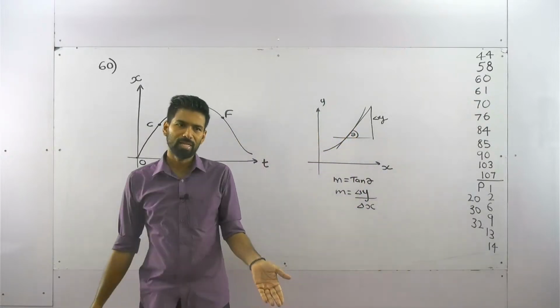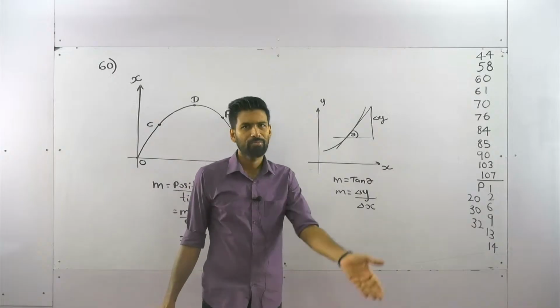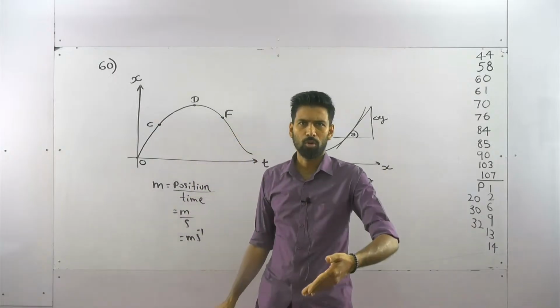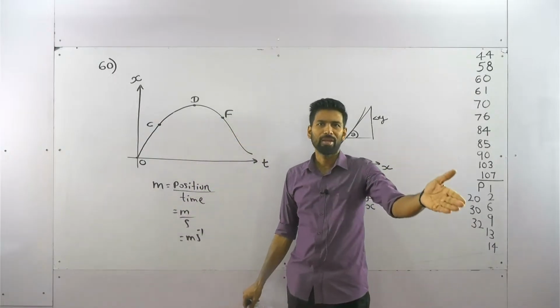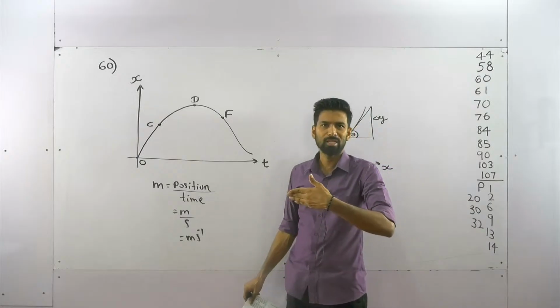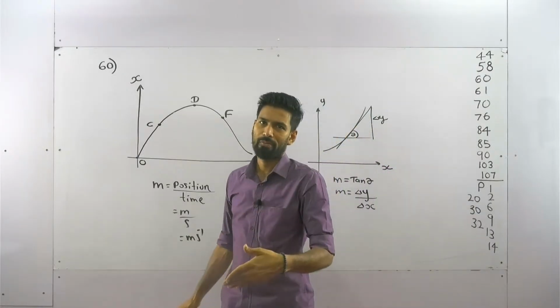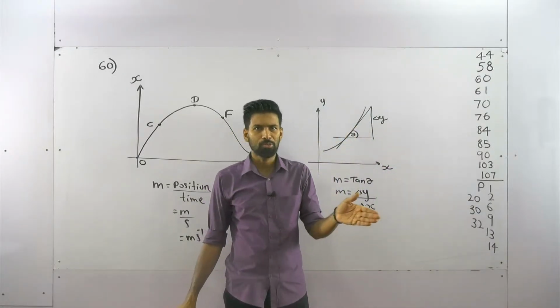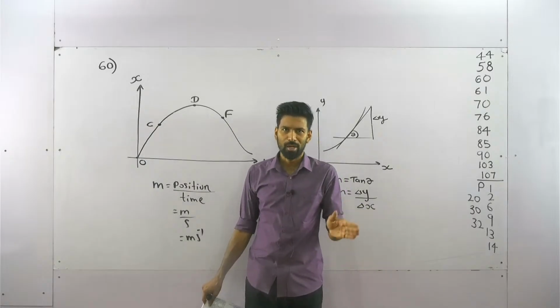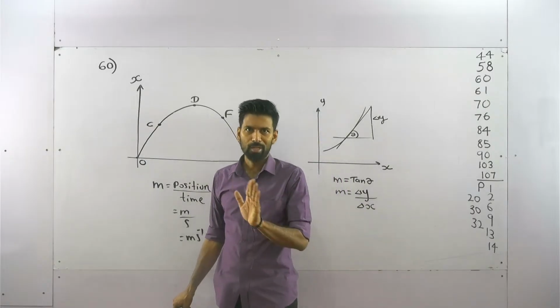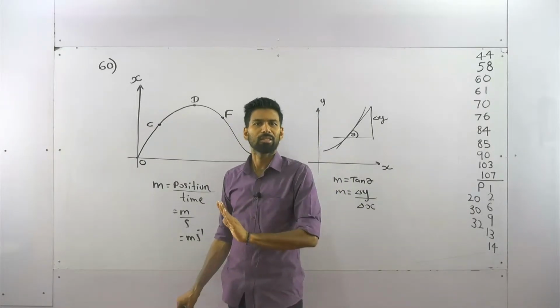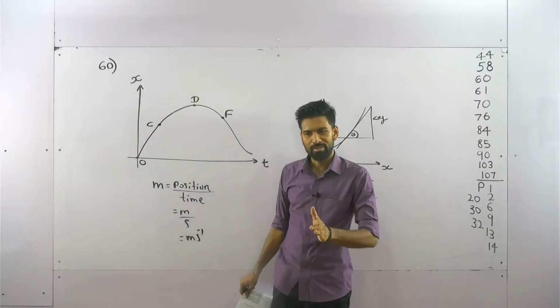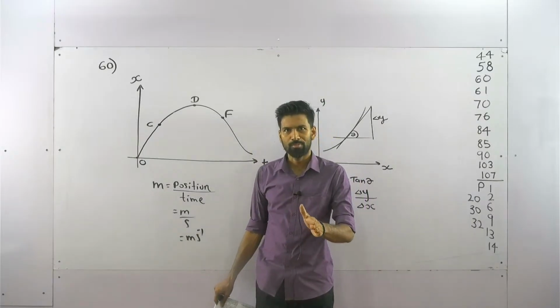If we consider that this object is moving in a straight line, then this position time graph means simply the displacement time graph. And if the object is not moving in a straight line, it might not be a displacement time graph, it's a distance time graph. When the direction changes, it's not the displacement, it's the distance.